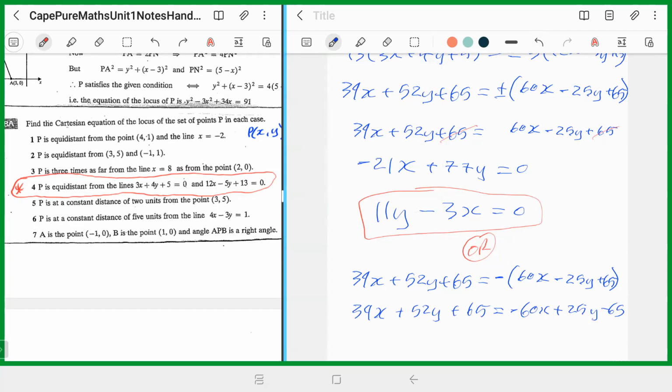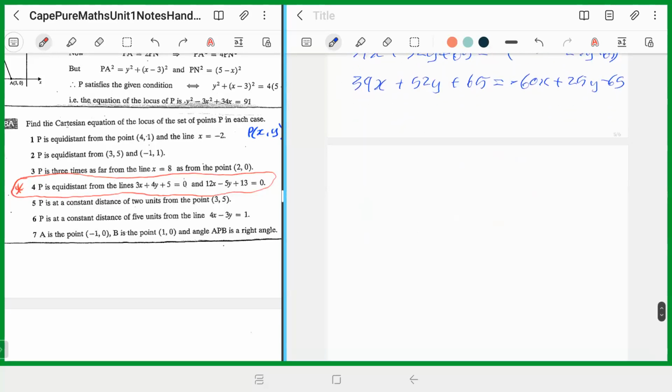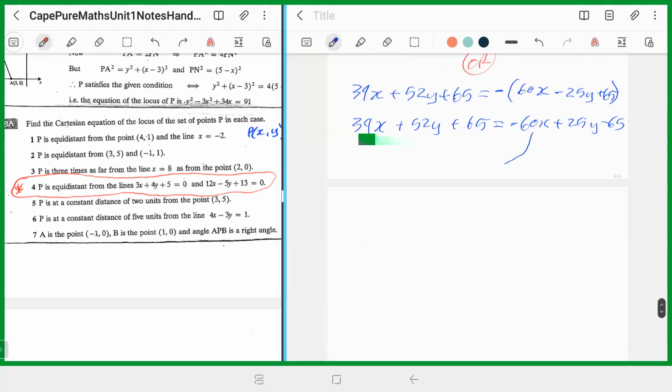All right, and then we're going to consolidate the values now. So I'm going to take this minus 60 and add to that, get 99x. I'm going to take this 25y and subtract from 52. 52 minus 25 is 27.